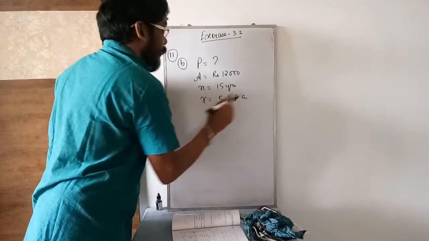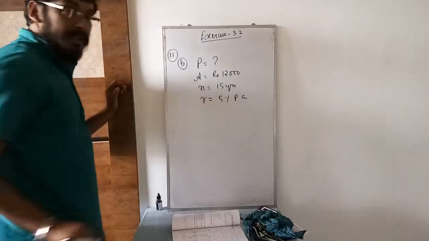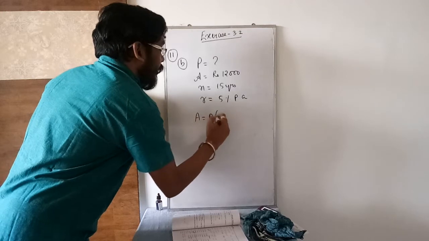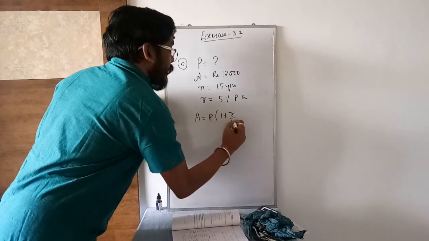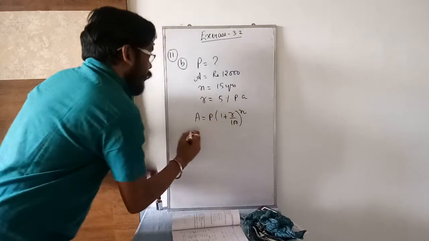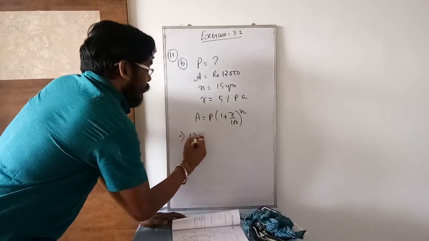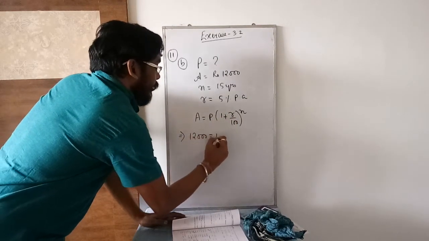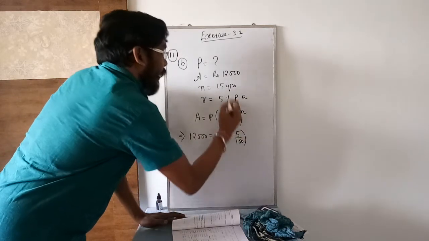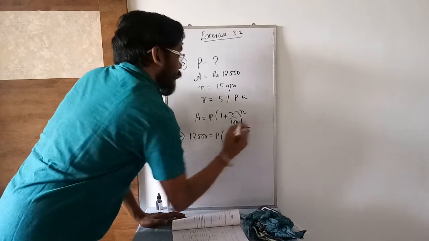Since it is compound interest, I will use the formula for compound interest, P into 1 plus r by 100 whole to the power n. The amount value is given here, 12,000; P is unknown, r is given 5 by 100, and n is your 15.